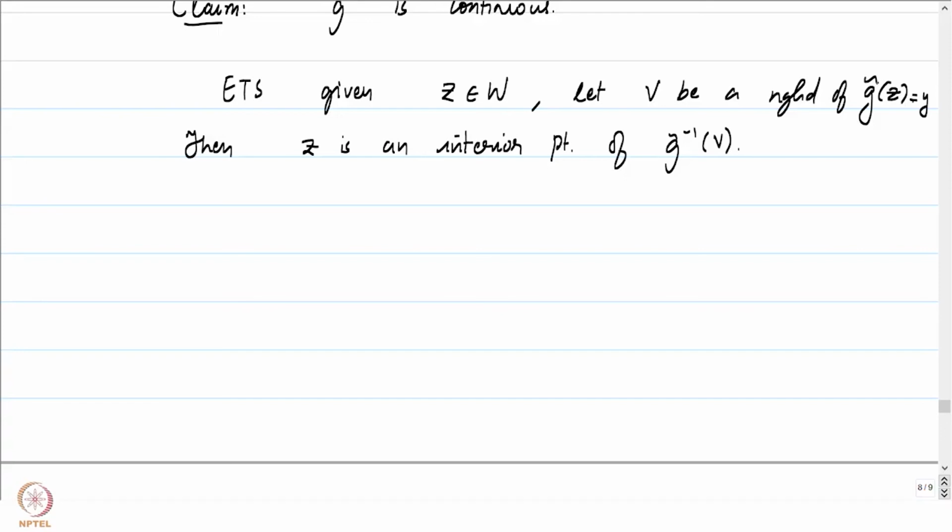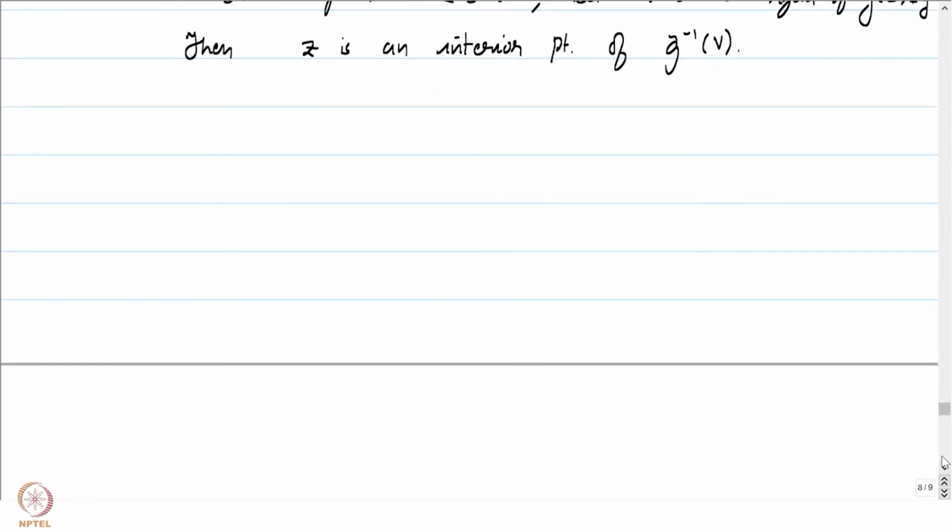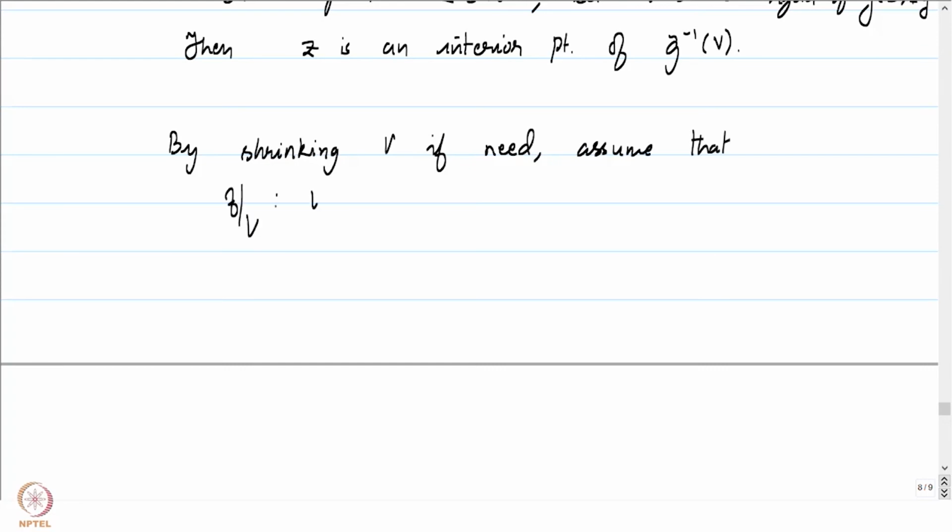Given a neighborhood V, the first observation is that we can shrink this neighborhood if needed and restrict it to an open set where our map F is a local homeomorphism. By shrinking V, if needed, assume that F restricted to V, from V to U, is a homeomorphism.